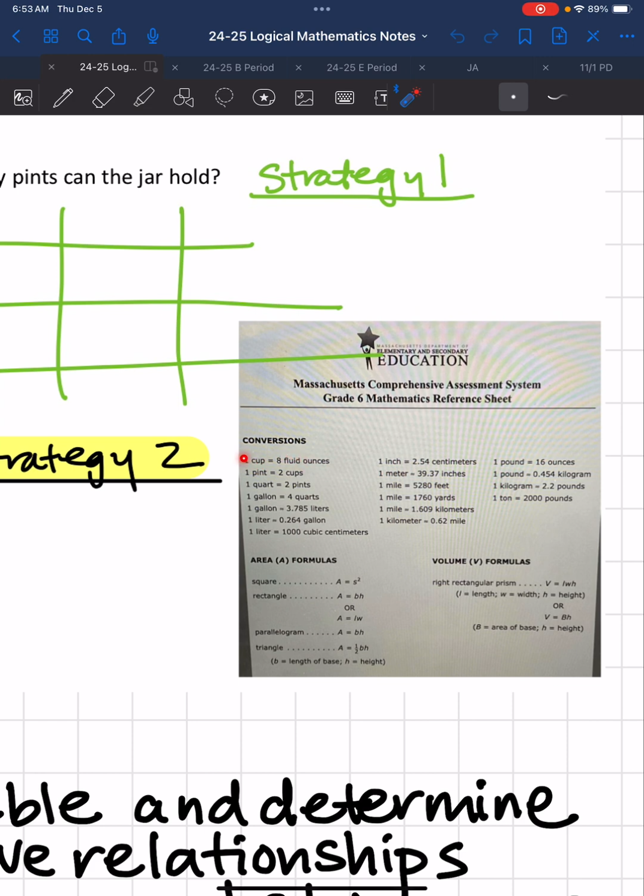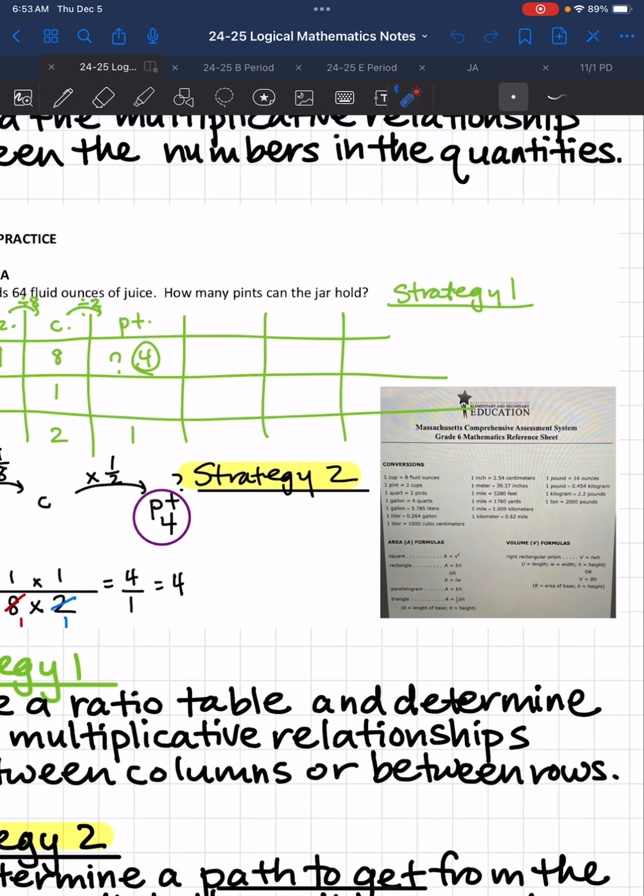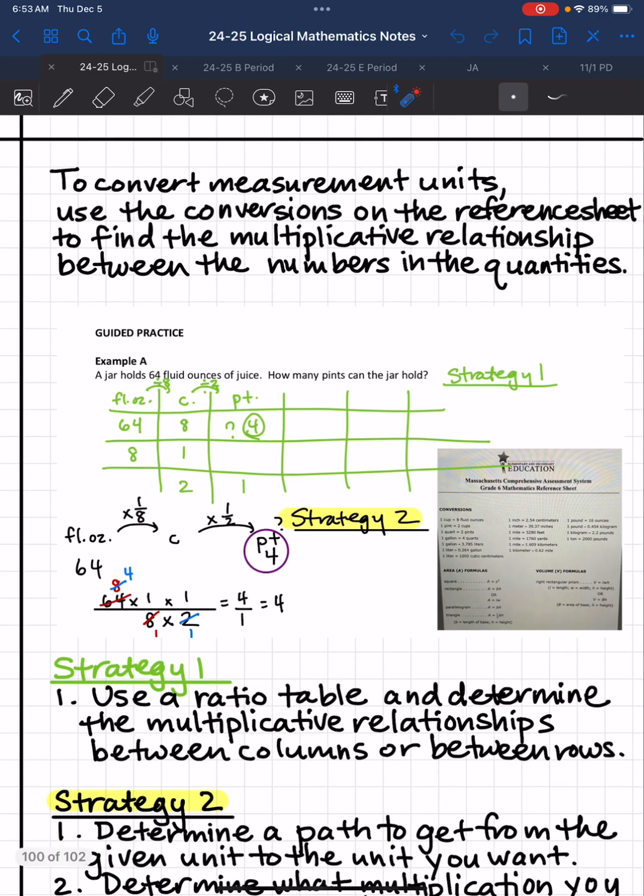So this one example right here is called a conversion. It tells us how we can relate fluid ounces with cups. That is, for every 1 cup, there are 8 fluid ounces. So if I have 2 cups, I'm going to have 2 copies of 8 fluid ounces, which is 16 fluid ounces. Okay? So that just allows us to know what the relationship is.